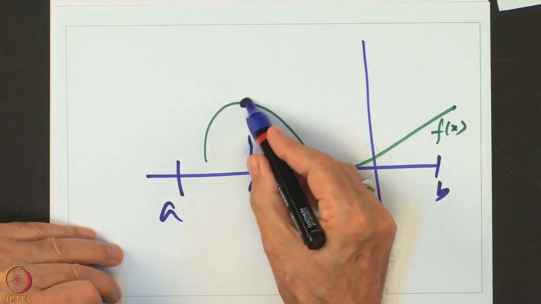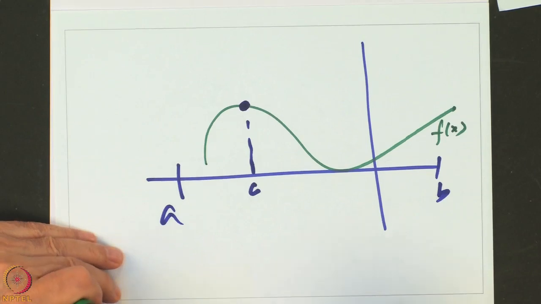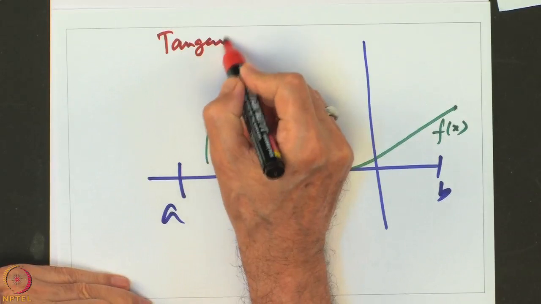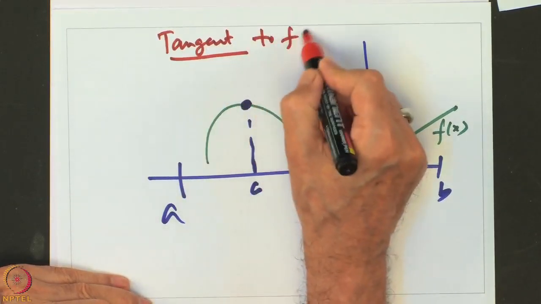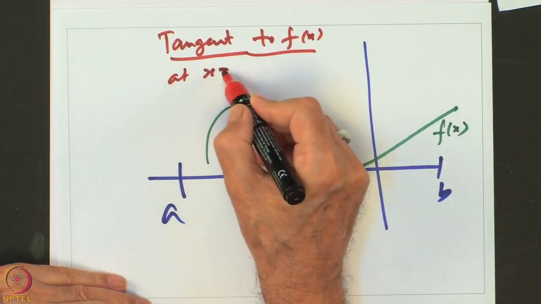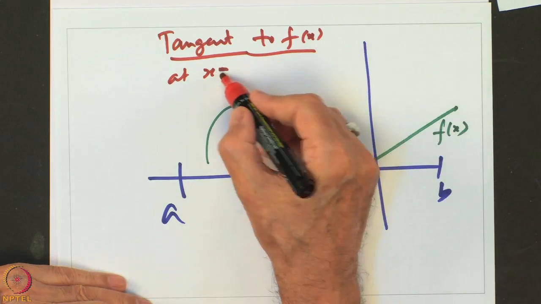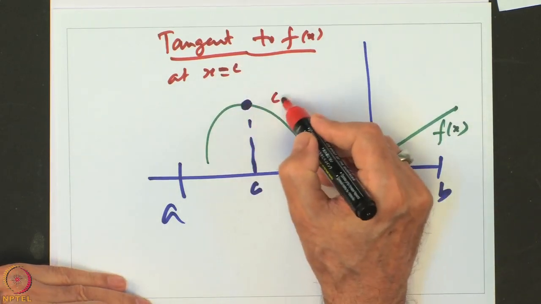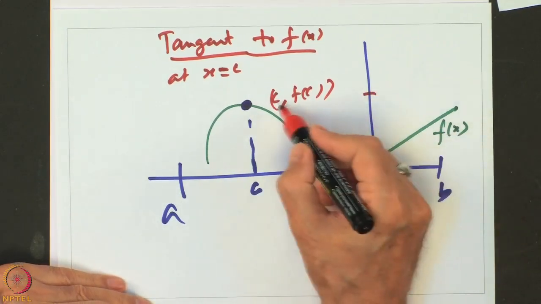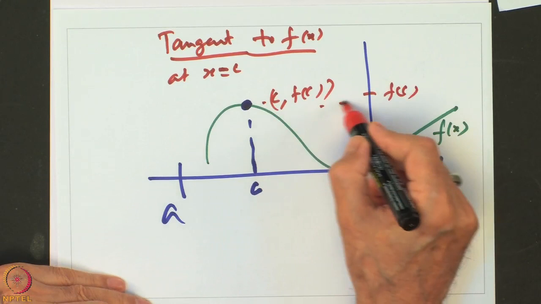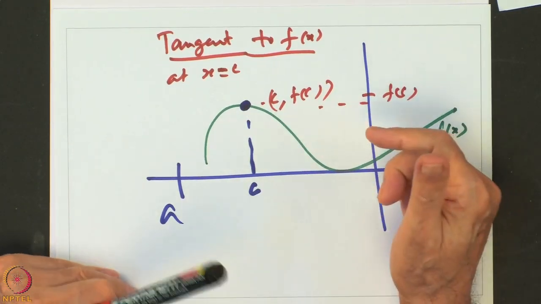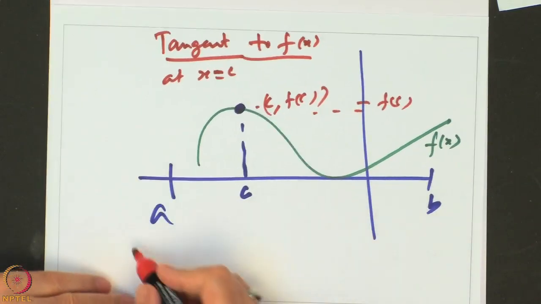At this point I want to draw a tangent to f of x. This is a geometric problem. This is the point c comma f of c, which is on the graph of the function. So, this is f of c and that is c. Here I want to draw a tangent. So, what is a tangent? Tangent is a line.